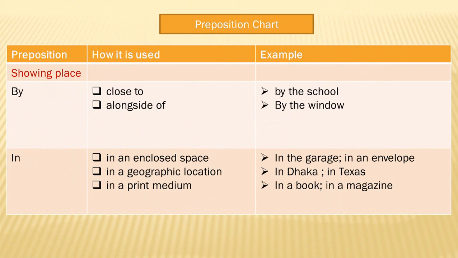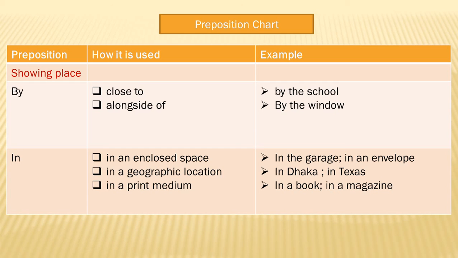By is used to mean close to, alongside of, such as by the school, by the window. Next, in. In is used in an enclosed space, in a geographic location, in a print medium.